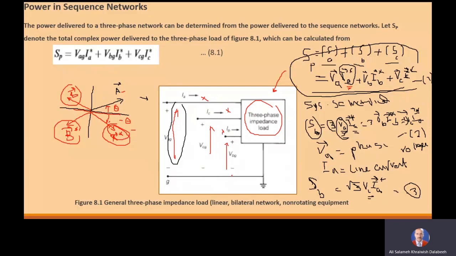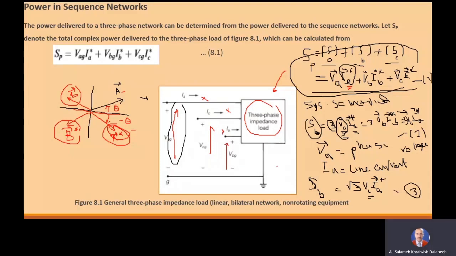The second point which we are going to analyze: we analyze the system assuming that this system is symmetrical. We assume that our system, for which we are going to make calculations, is a symmetrical system.